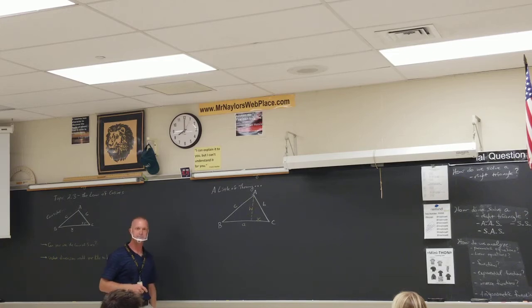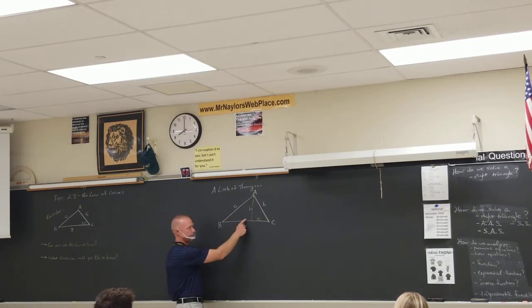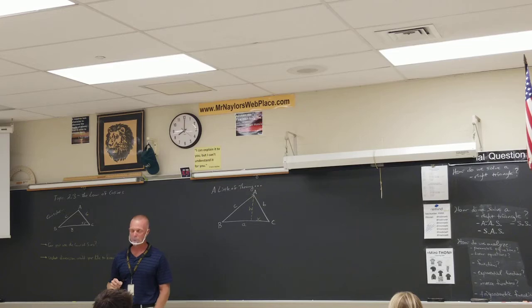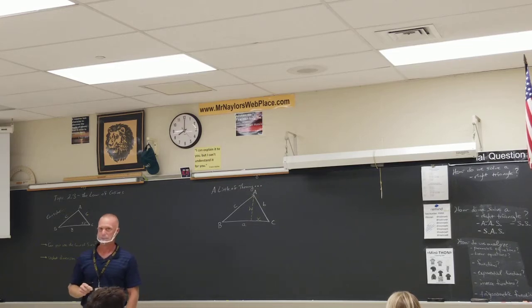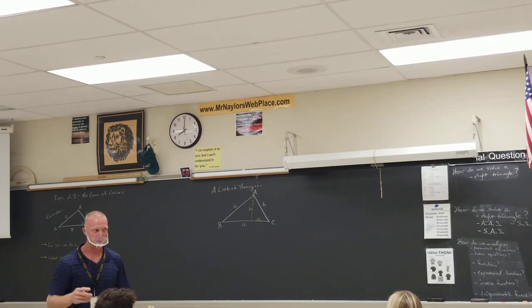Now, there's a lot of letters on the board. We don't have any more room for any more letters, but I'm wondering if we can describe this side from point B to the height using letters that are on the board. Okay, so now we get into our first little stop on our journey here.